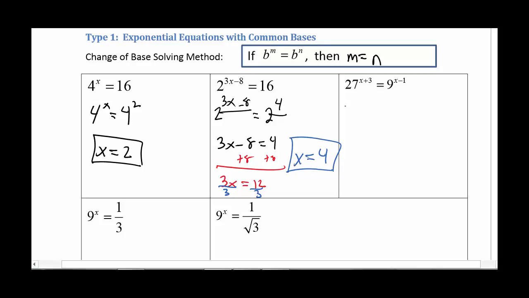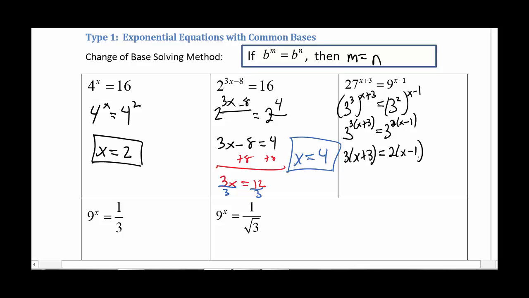So I can rewrite this as 3 cubed raised to the x plus 3 power equals 3 squared raised to the x minus 1. And then we have a rule that says an exponent to an exponent is going to multiply out. Now I'm going to set the exponents equal to each other and solve.